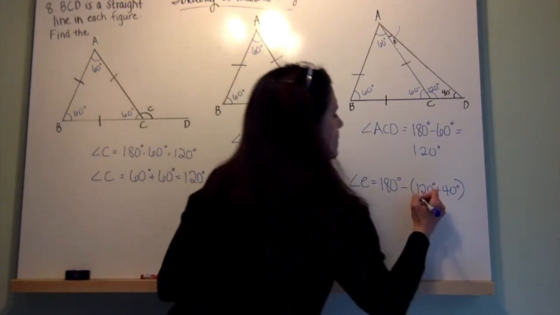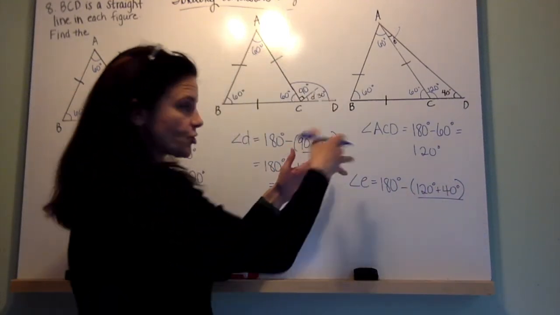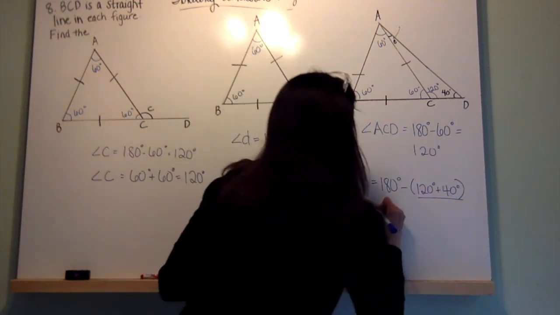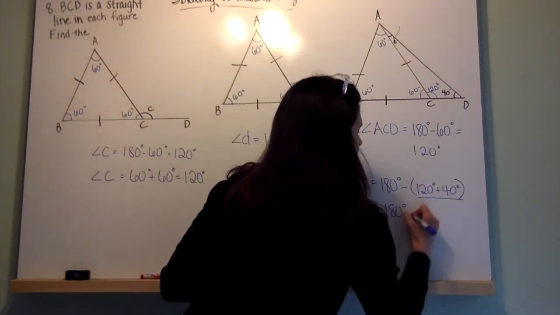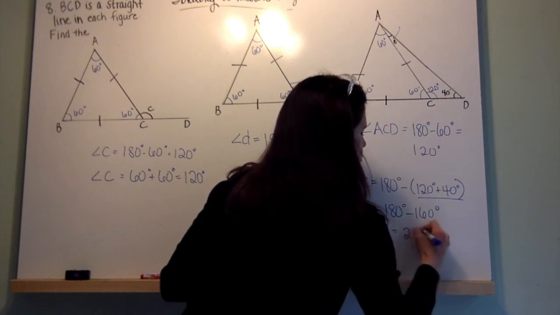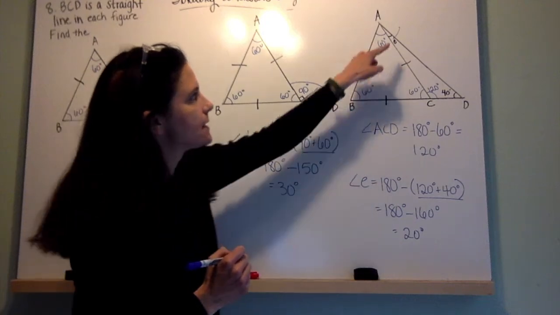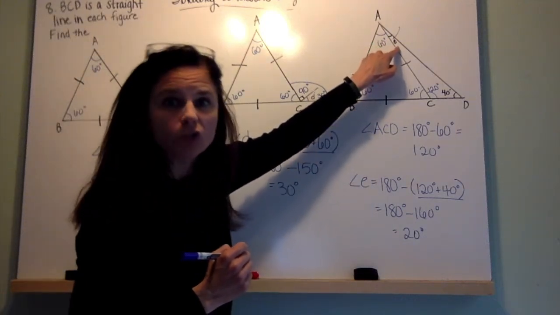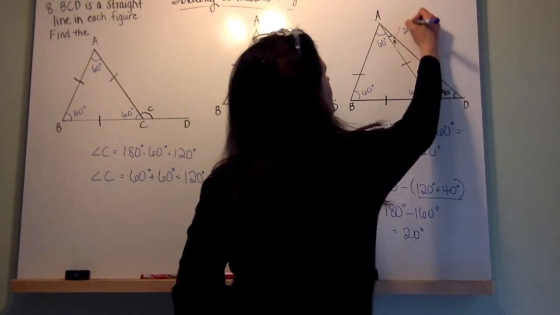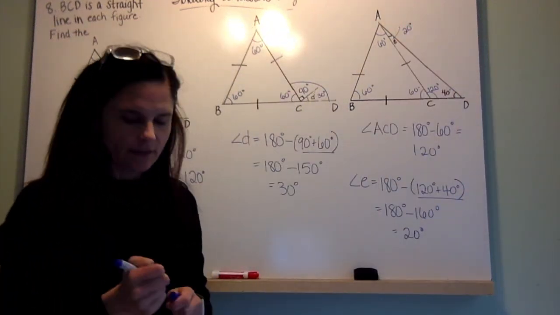Okay, so I'm going to do my order of operations, again making sure I'm writing my work out top to bottom, left to right in an orderly manner. Okay, 180 degrees minus 160 degrees, and that's going to give me 20 degrees for angle E. Is that reasonable? Yes, that's a really small acute angle. That's a reasonable answer. So I have solved for angle E, 20 degrees.